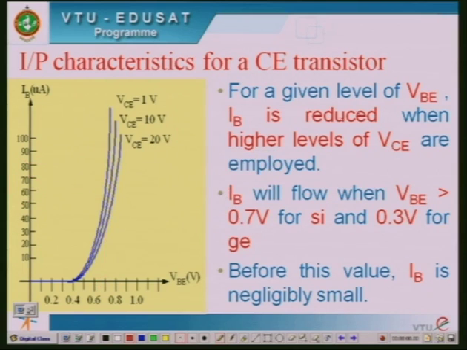Therefore, it is mentioned that for a given value of VBE, the base current IB is reduced when higher values of VCE are employed. And please note that IB will flow only when VBE becomes equal to 0.7 volts, which is the cut-in voltage for the silicon transistor, and 0.3 volts for the germanium transistor.